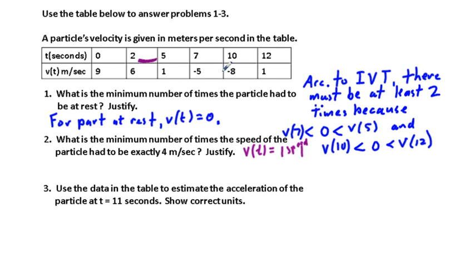But also, since the speed is the absolute value of velocity, we have to look for wherever the velocity is negative 4 meters per second. Well, we see it's also going to have to happen between 5 seconds and 7 seconds, if we go from 1 meter per second down to negative 5 meters per second, and also between 10 and 12, where we went from negative 8 meters per second up to 1 meter per second.